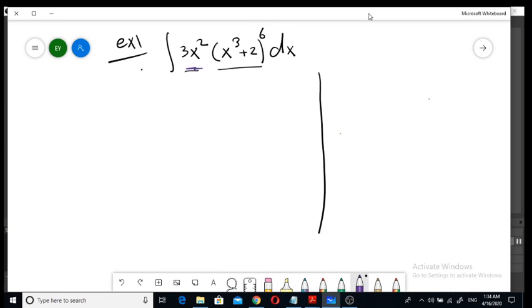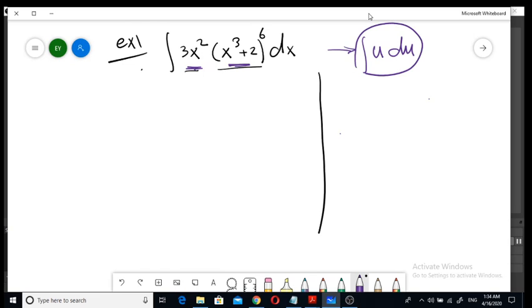So here we have a product of two functions. So we need to apply the substitution method. We are going to replace one of them by u and the other by du.